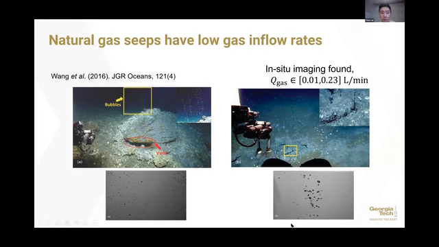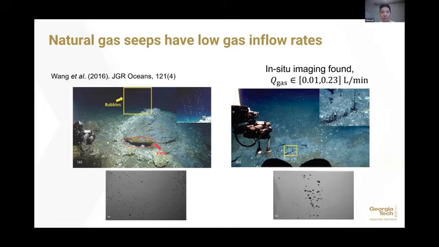From image processing, we figured out that the gas inflow rate is on the order of 0.01 to 0.23 normal liters per minute. So they're very low. If you look at just the pictures here, you can see that the bubbles are quite spread out. This makes us think: do the wakes of the individual bubbles interact enough to give a more or less continuous buoyancy profile?